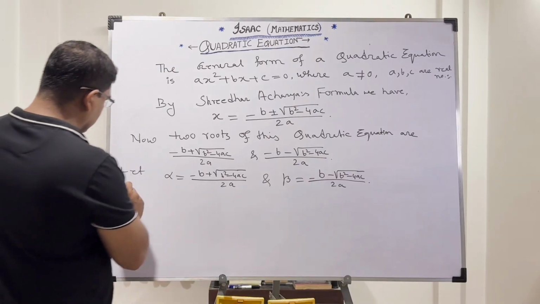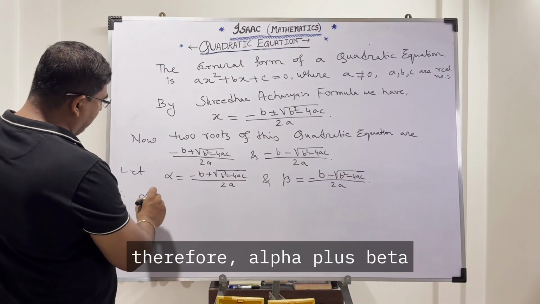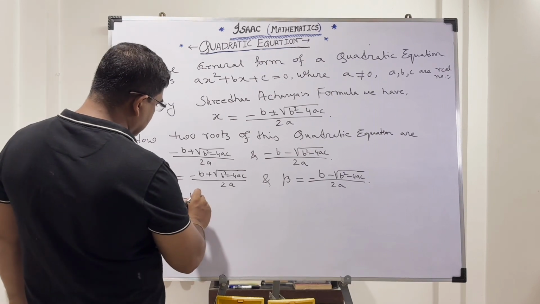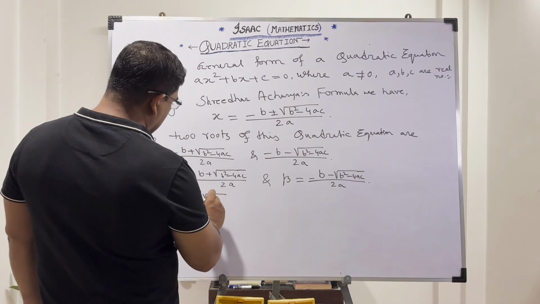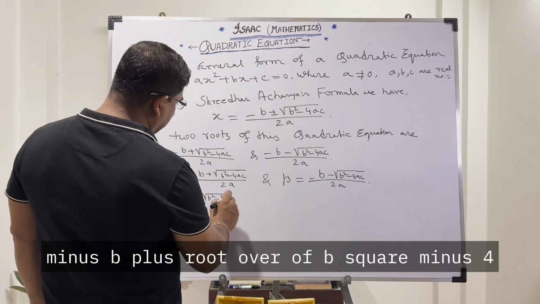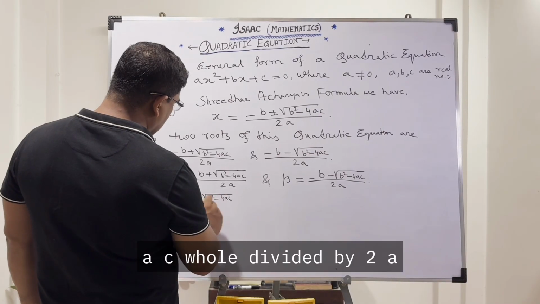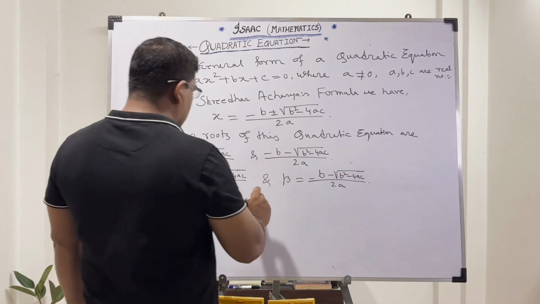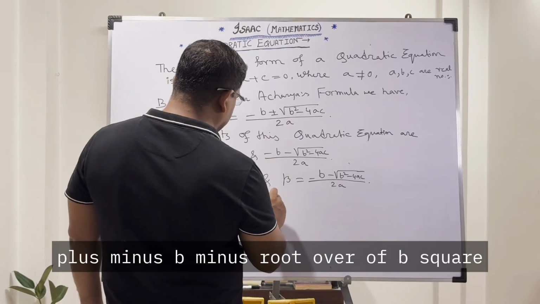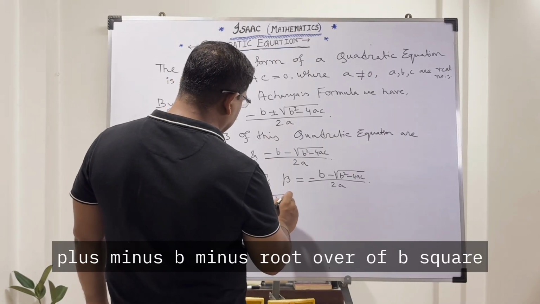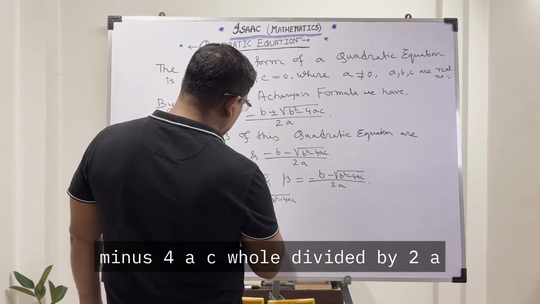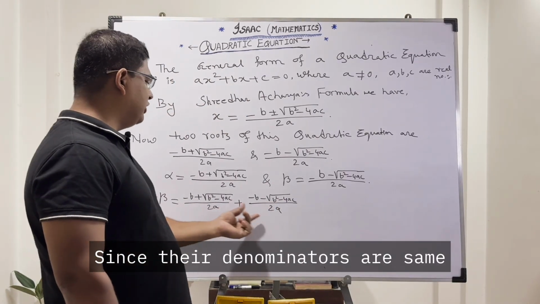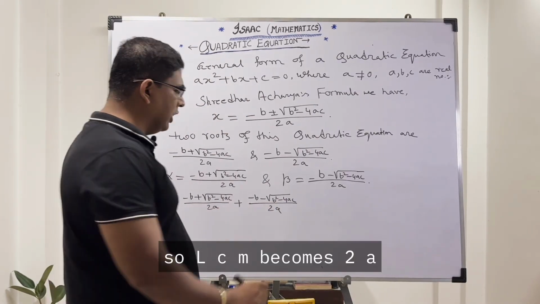So therefore alpha plus beta is equals to minus b plus root over of b square minus 4ac whole divided by 2a plus minus b minus root over of b square minus 4ac whole divided by 2a. Since their denominators are same, the LCM becomes 2a.